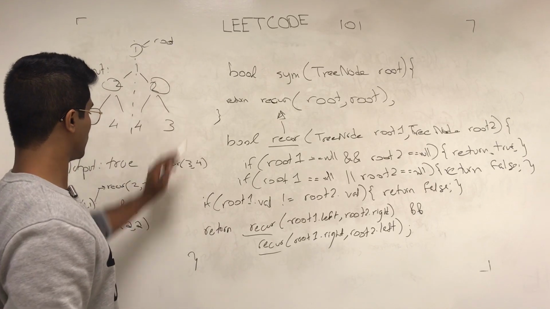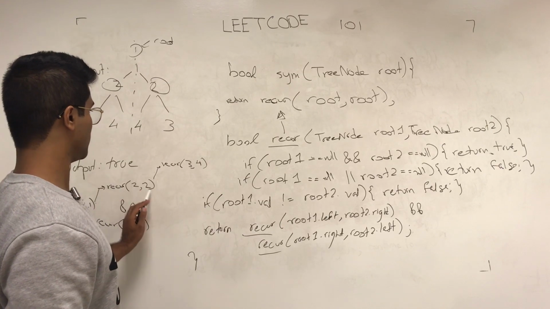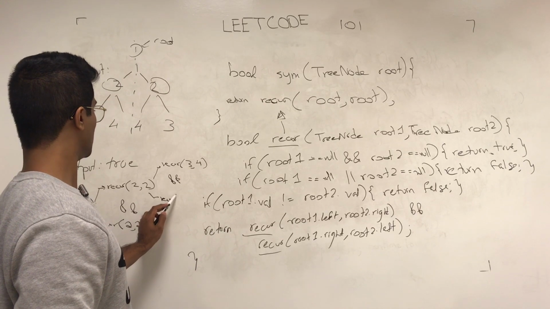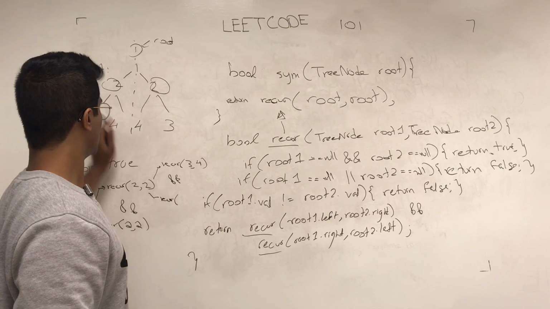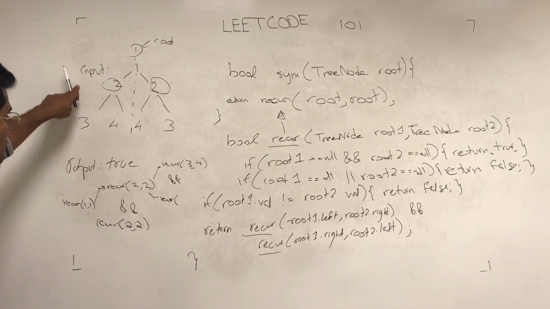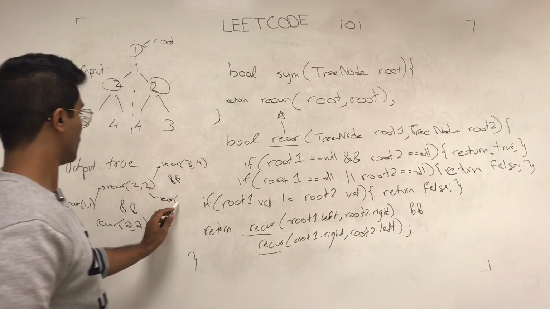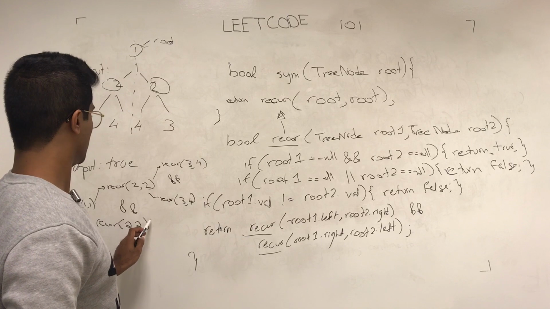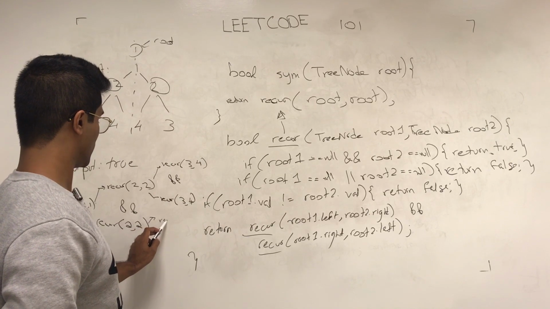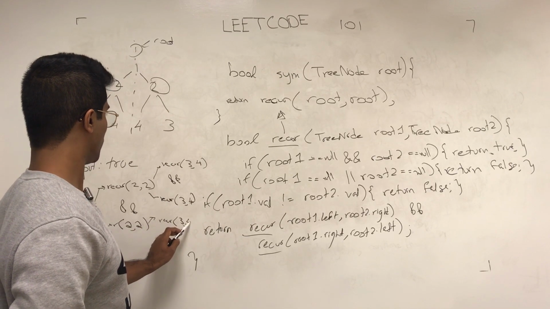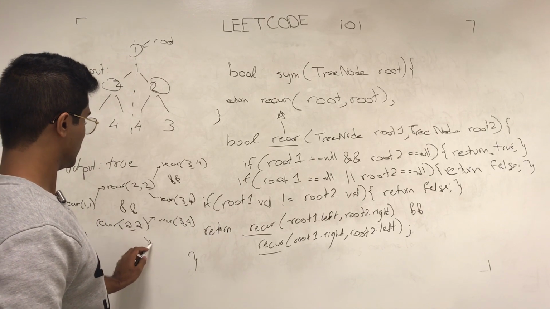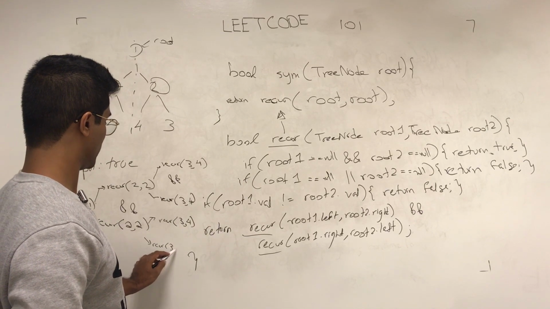And this one is going to be ANDed with recur 2, which is going to call this one, 3 and 4, and this one is going to call recur 3 and 4. He's going to call recur 3 and 4.